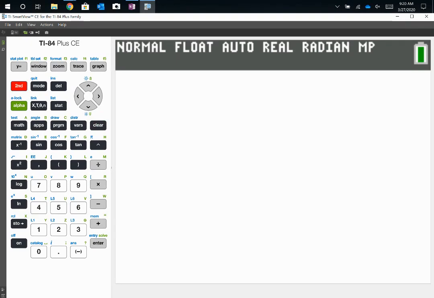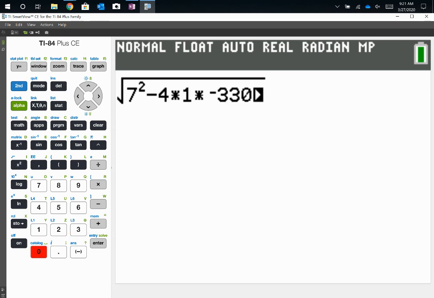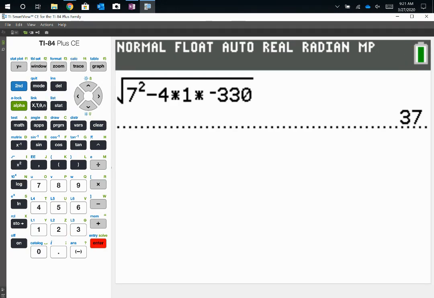Let's start with 7 squared minus 4 times 1 times negative 330, to get 1369, and the square root is 37.